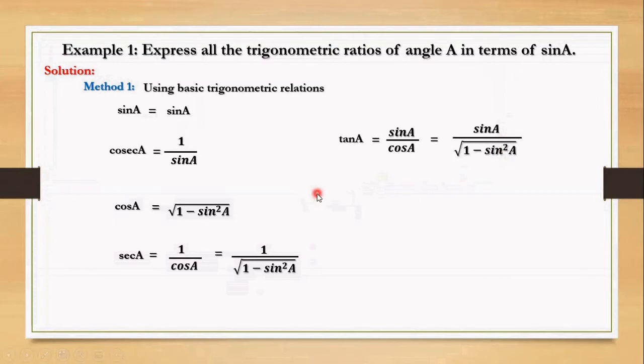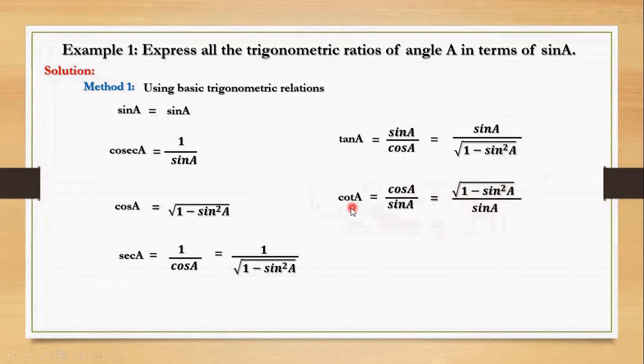Now one more ratio left over, cot A, whose formula is cos A by sine A. In place of this cos A, we are going to replace it by its formula, root under 1 minus sine square A, and denominator sine A itself.